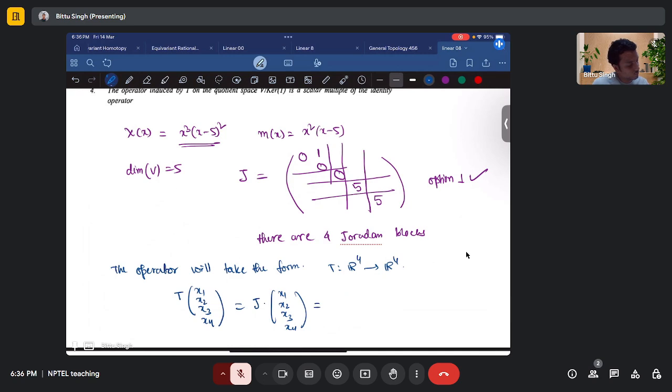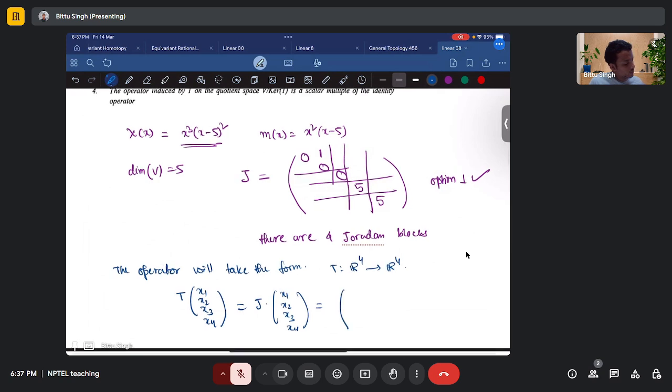If we just multiply this with x1, x2, x3, x4, then the first entry will be 0 times x1. The top entry will contain x2, then 0 times x2 is 0, then 0, then 5 times, so there will be 5x3 and 5x4. So it will take this form: x2, 0, 0, 5x3, 5x4.